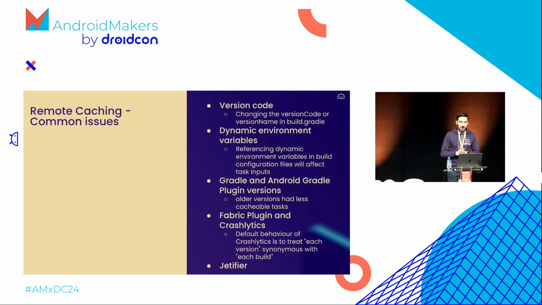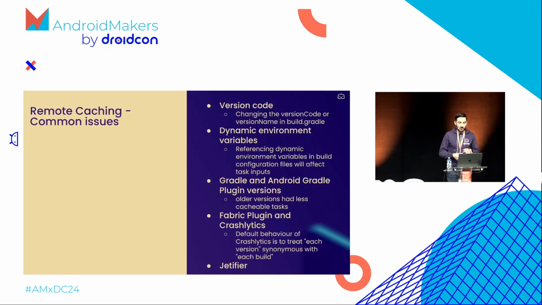Another point is dynamic environment variables. It's partially linked to the version code itself. On Bitrise, we quite frequently see that the version code or version name also contain the build number, which is a dynamic environment variable as well.